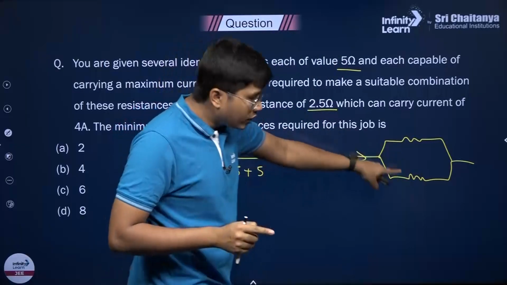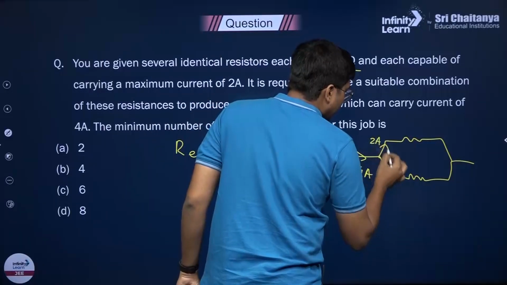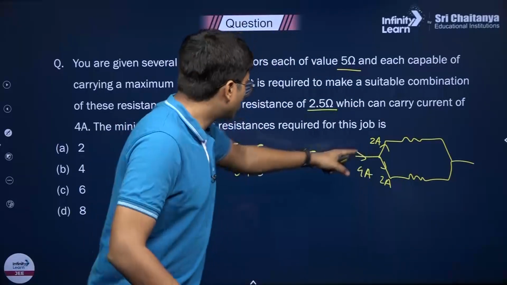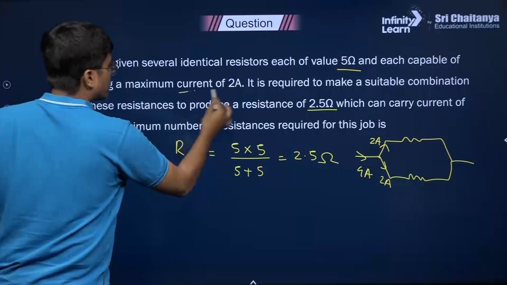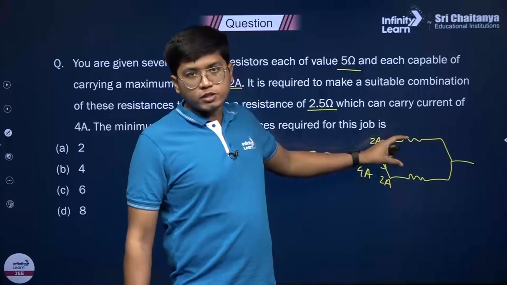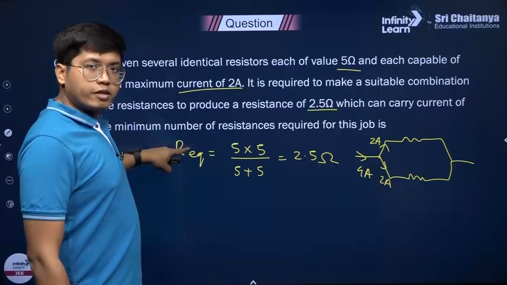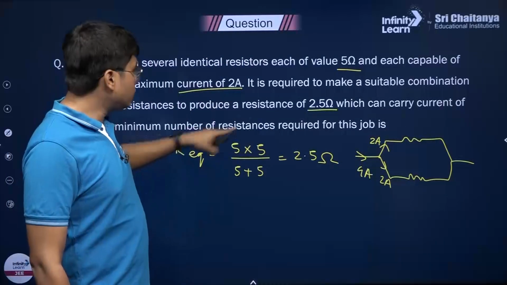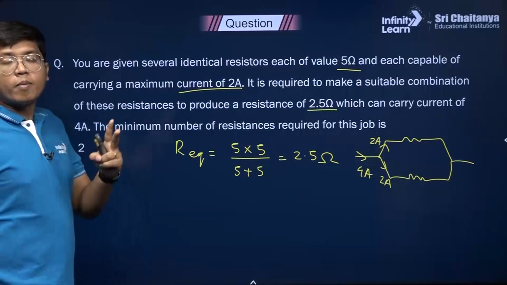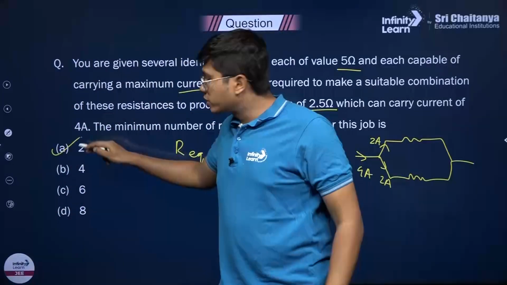Since both resistances are equal, it will split up exactly equally, which makes it 2 amperes each, which is fine because we are within the safe limit. So 4 amperes can come in, split into 2 amperes and 2 amperes and flow out. In both conditions, we have matched the equivalent resistance and the total current it can take. And how many resistors did we need? Only 2. So our correct option is option A here.